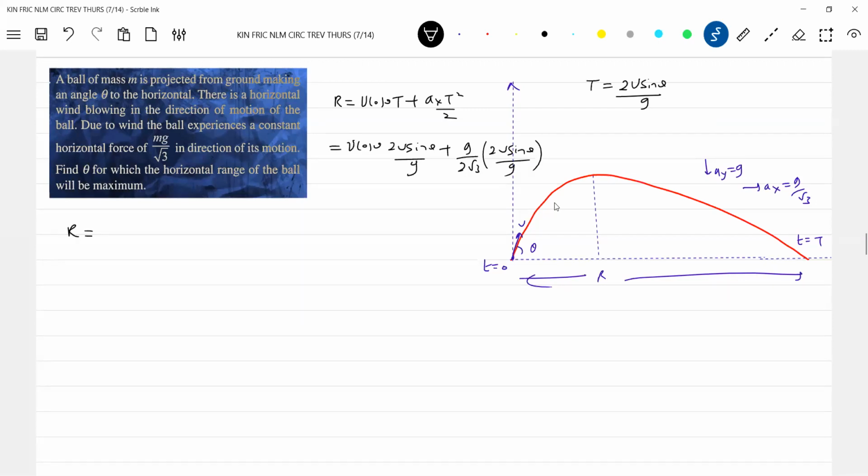Let's see what all I'll get. Taking 2u square by g outside, this will be sine theta cos theta plus a sine square theta term.